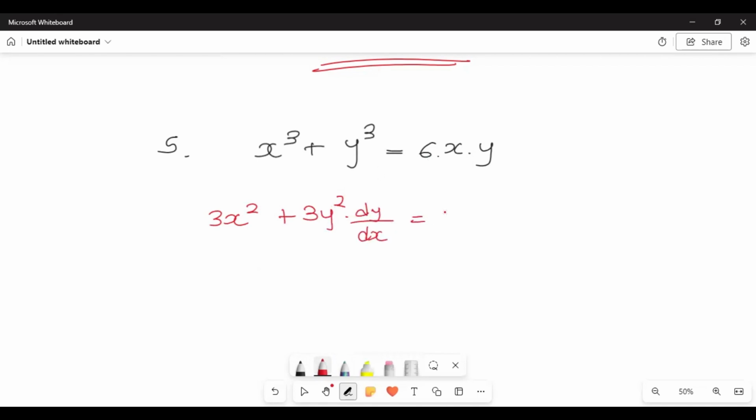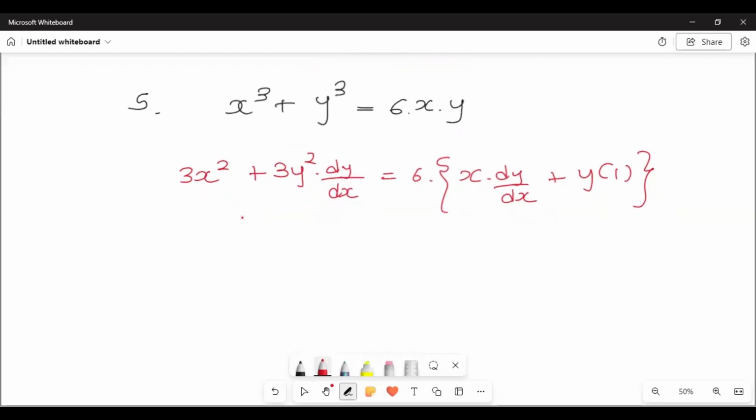We can keep 6 out to solve this one very easily: x times dy over dx plus y times 1. Now we need to isolate dy over dx, right? So it's going to be 3 times y to the power of 2, here negative 6x, and here 6 times y minus 3 times x to the power of 2.